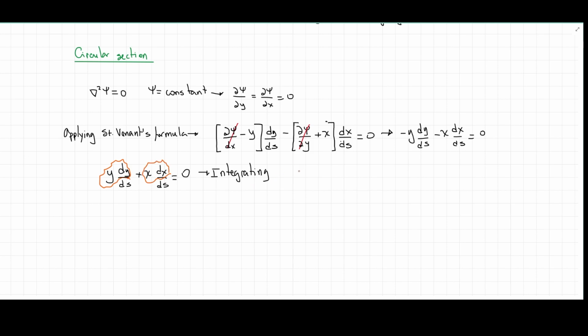It's going to end up being a single variable, d/ds times the integral of y dy, which is y squared divided by 2, plus the derivative with respect to s of this part here, which is x squared divided by 2. And this sum is equal to 0.